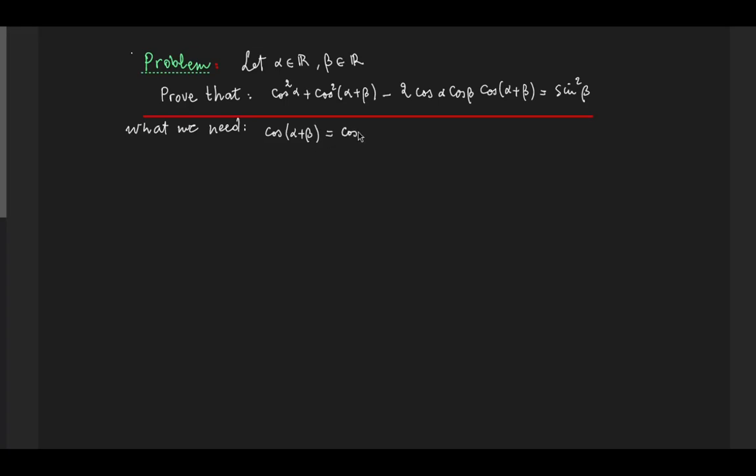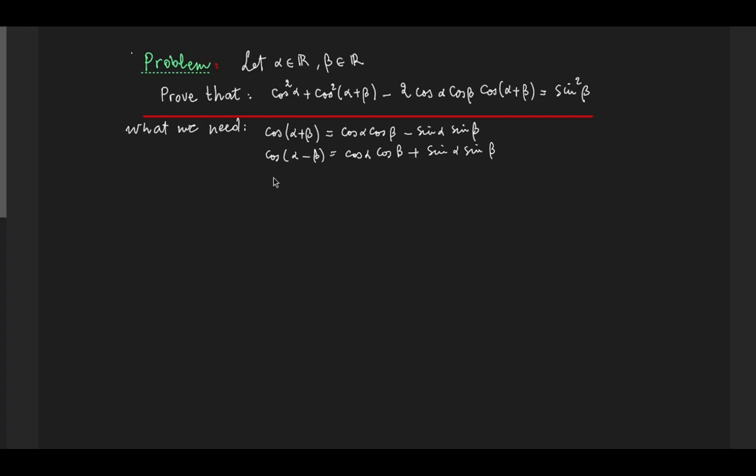That's equal to cos alpha cos beta minus sine alpha sine beta. There's also cos of alpha minus beta. That's equal to cos alpha cos beta plus, so instead of the minus, there's plus, sine alpha sine beta.